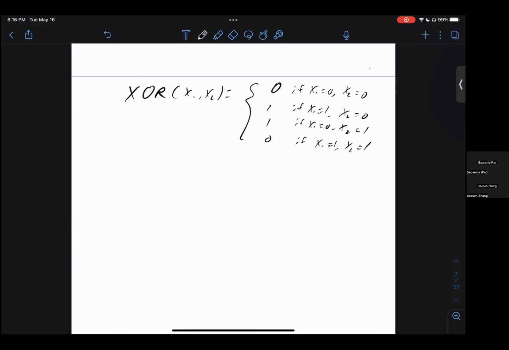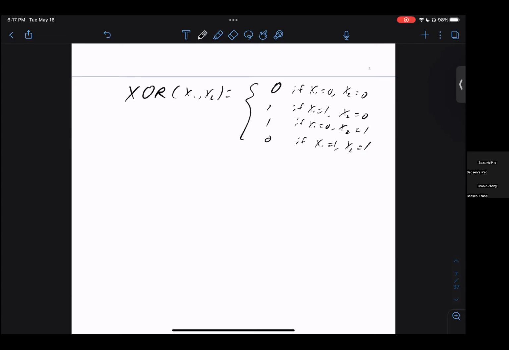Okay, right? This XOR is a very common logic function. You can think of this as a classifier with two inputs. Given x1, x2, classify the output according to this rule. This is essentially one of the simplest functions you can have. Any question about XOR? It's just XOR: you have two inputs and an output.